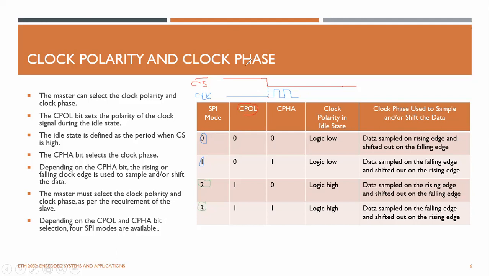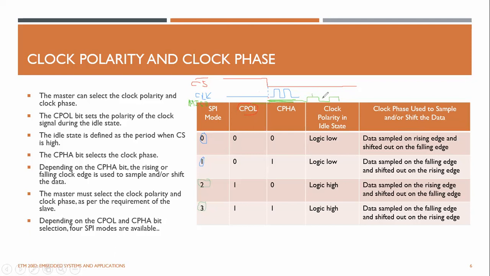There is another data pin as well, let's say master in, slave out. The master will start, and the slave can send data. Initially it is low and the slave can send the data.